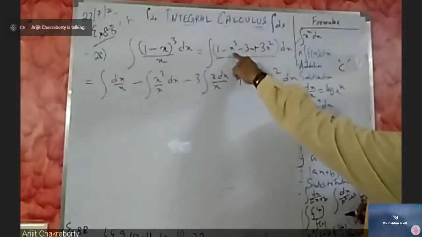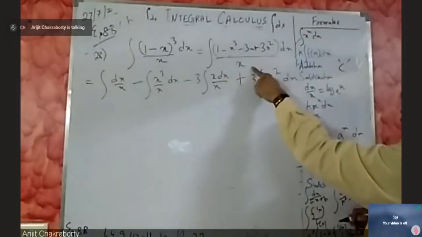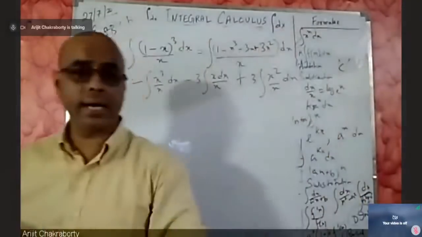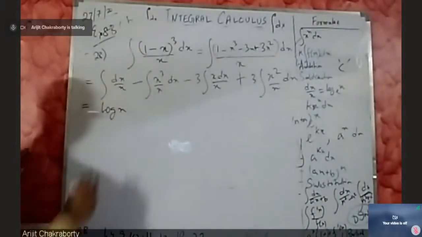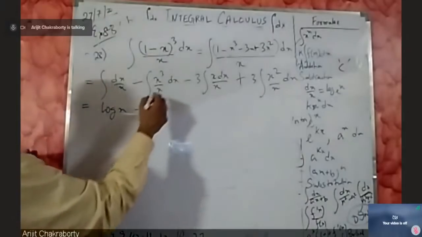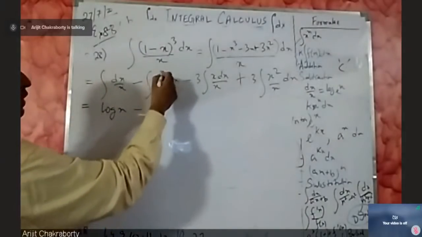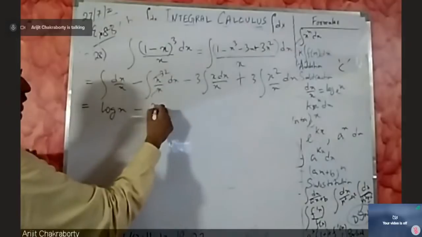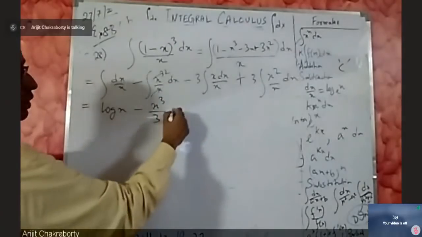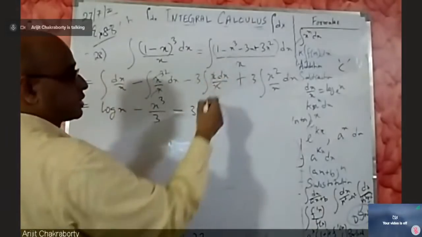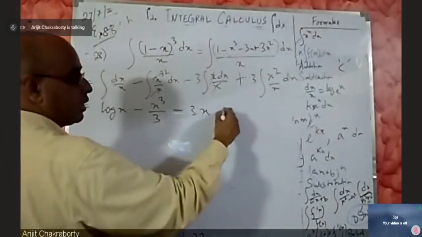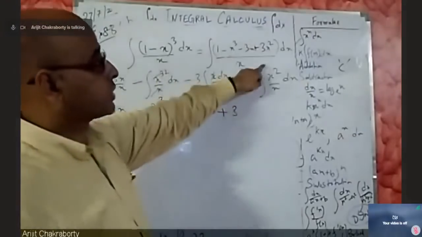Now we directly arrive at the result. dx by x is log x, minus x cubed by x: x cancels, so this becomes x cubed by 3, minus 3 into x dx by x, x and x cancel out, so this becomes 3x, plus 3 into x square by x.